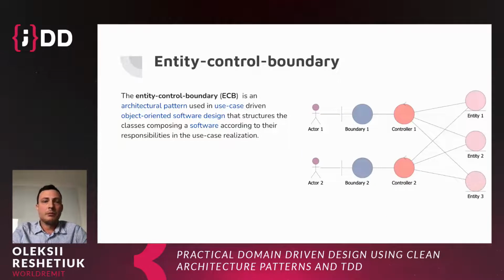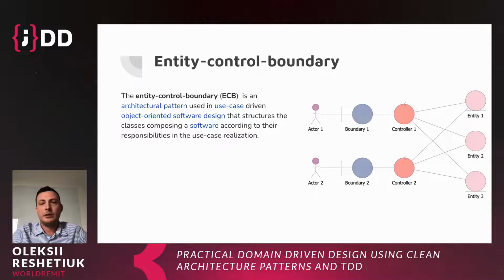And now I want to go to the entity control boundary. The entity control boundary pattern is actually a variation of the very popular model view controller pattern. Entity, depicted here, defines objects representing system data, often from the domain model.